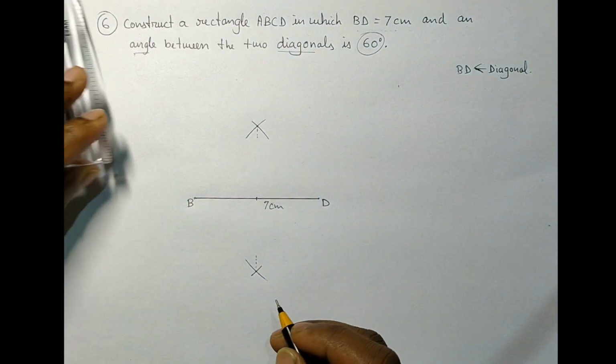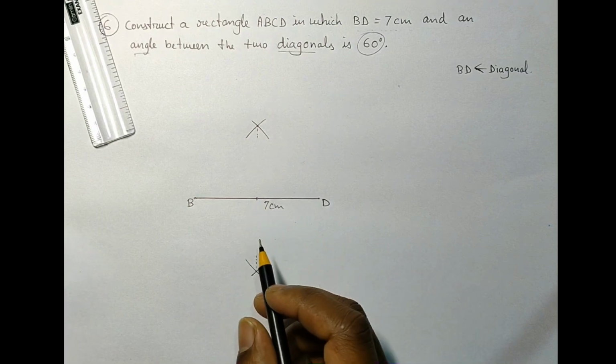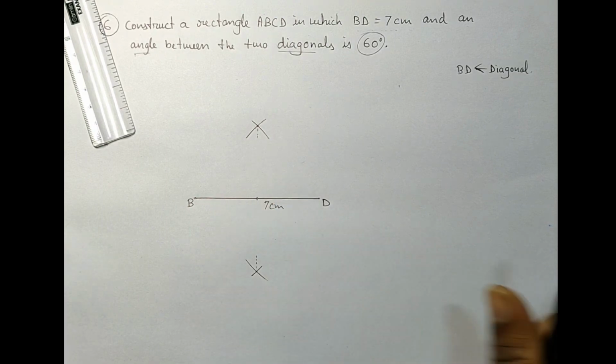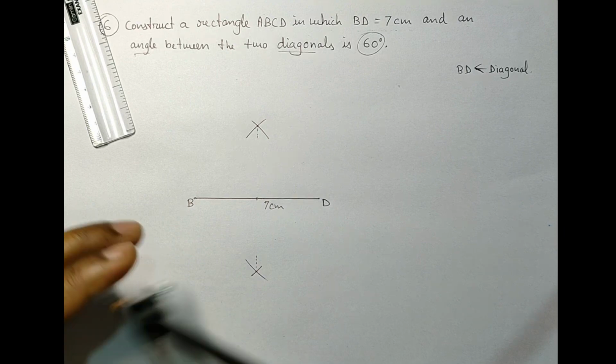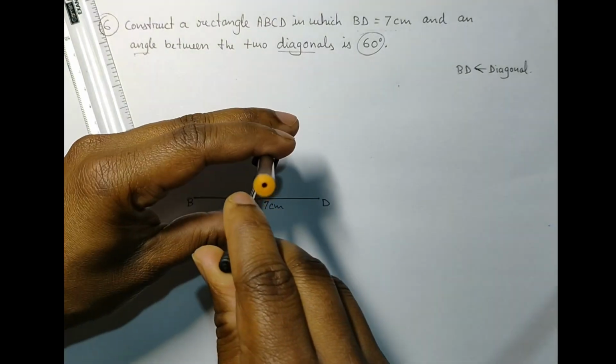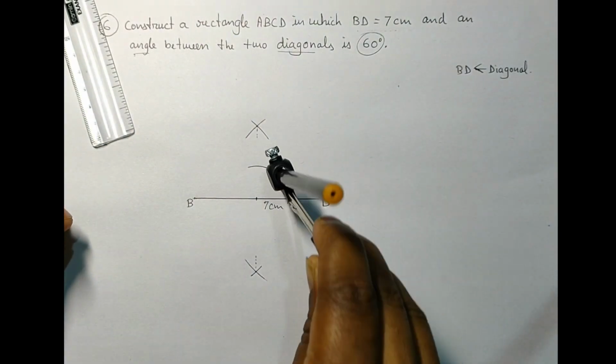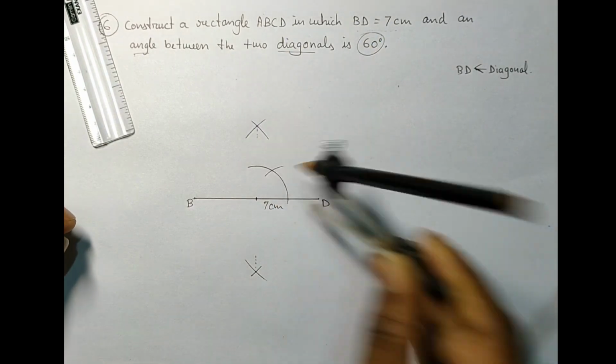So this is the point where BD will be bisected by the other diagonal. So using this point, now let's construct an angle of 60 degrees using the compass. Let's cut an arc for 60 degrees. You can cut it from any direction. So here we have our 60 degrees.